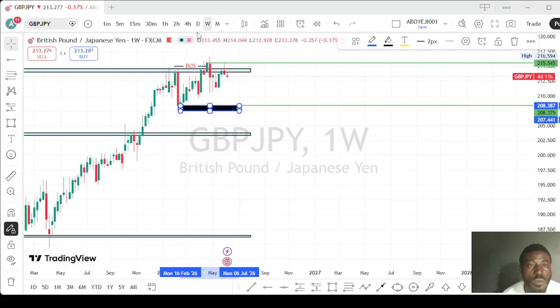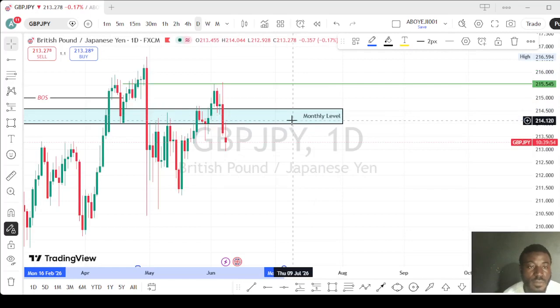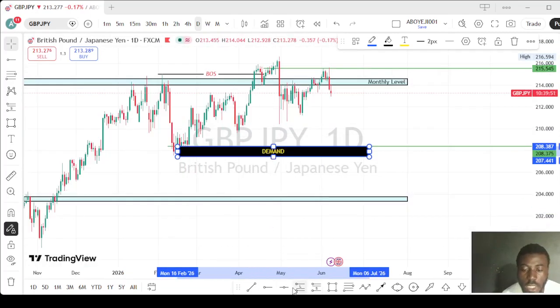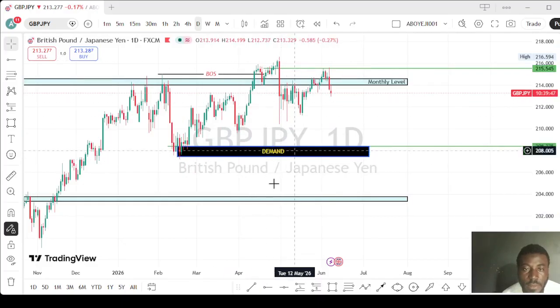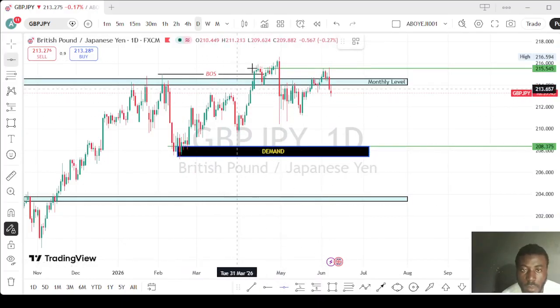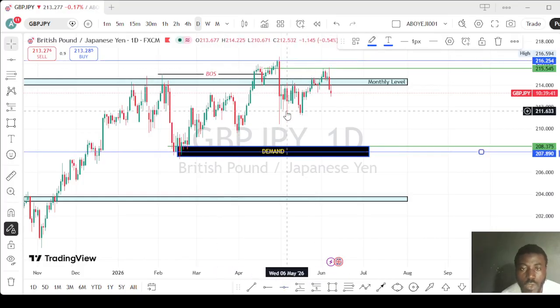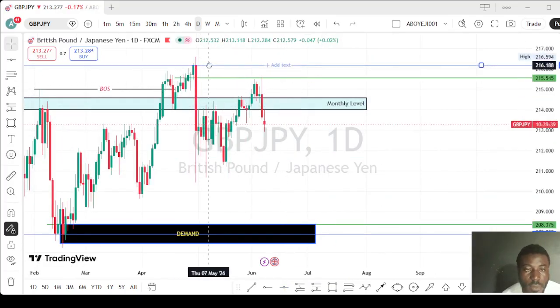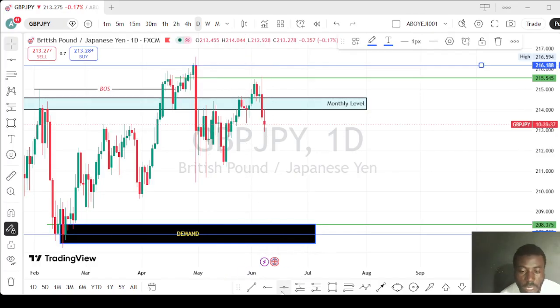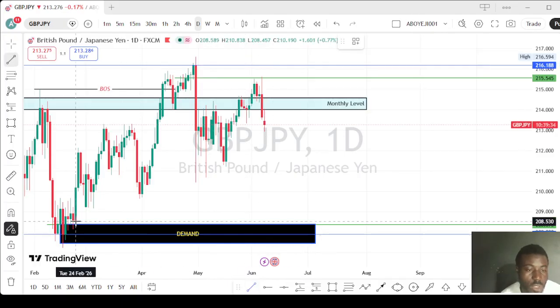So let's move to the daily time frame. All we just need to do on the daily time frame is mark our swing high and our swing low. This is our swing high here, and this is our swing low here. So this is the demand. We are expected to come to this demand, and this is our liquidity. All these ones are our liquidity.